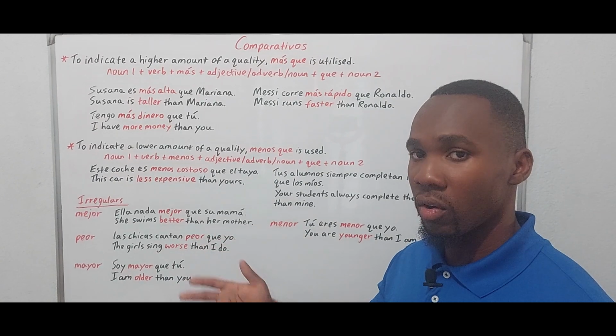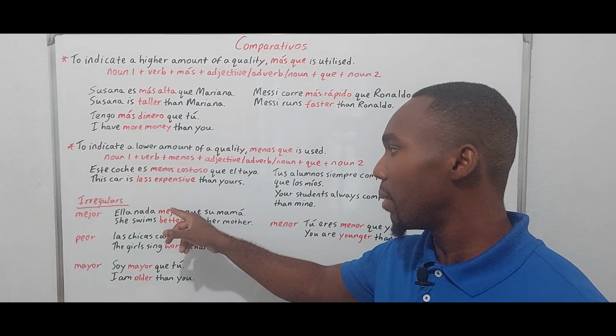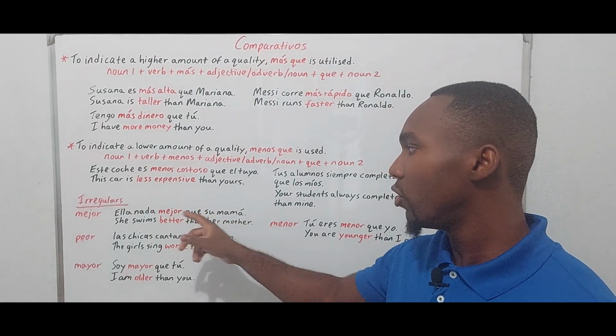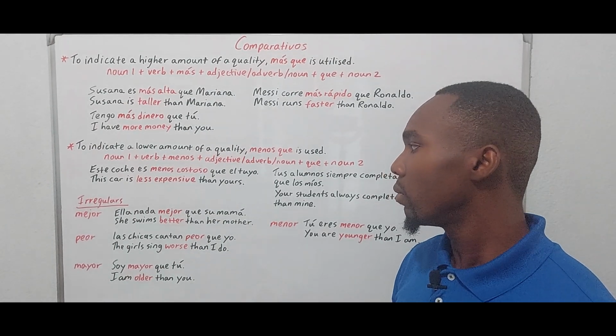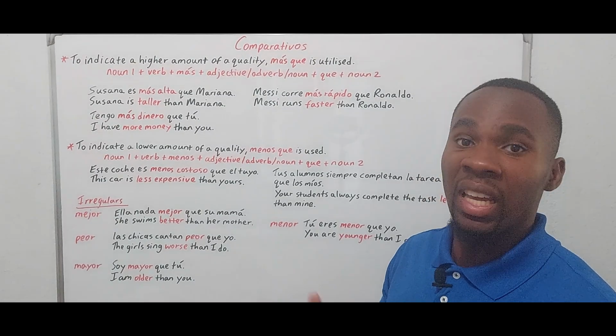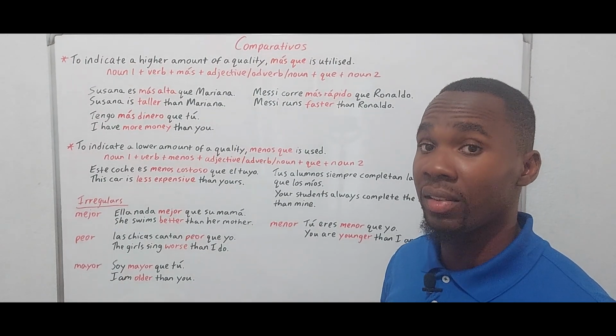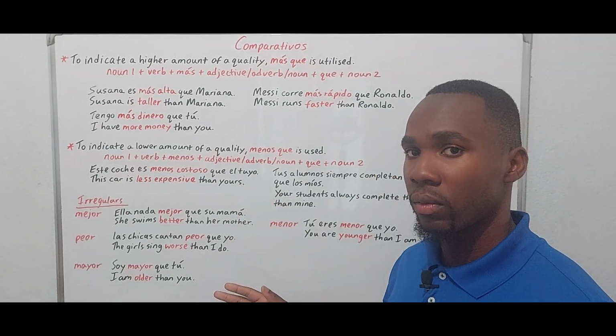We say mejor. Therefore, ella nada mejor que su mamá. She swims better than her mother. We wouldn't say ella nada más bien, no, that does not exist. Better, mejor, all right?